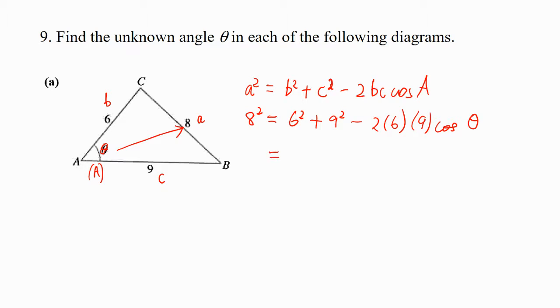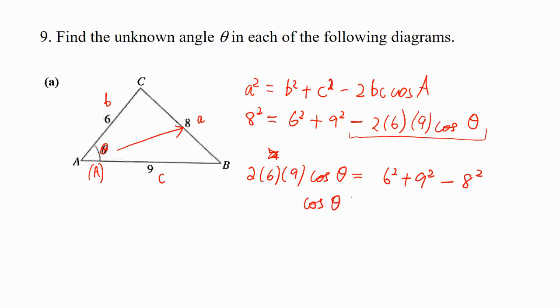We can rewrite this. To rewrite this, the whole term is one term, so we can write it as 2 times 6 times 9 cosine theta. Now from minus, when you shift to the other side, it becomes positive, equal to 6 squared plus 9 squared minus 8 squared. So my 8 squared I move to the right side.